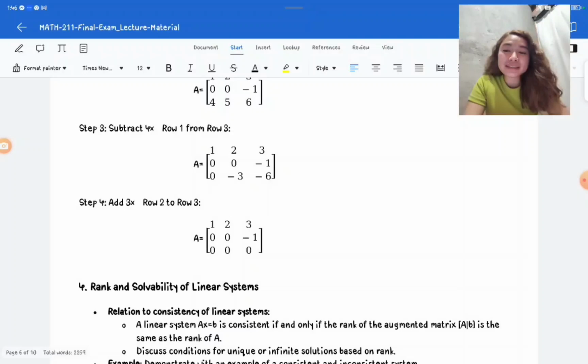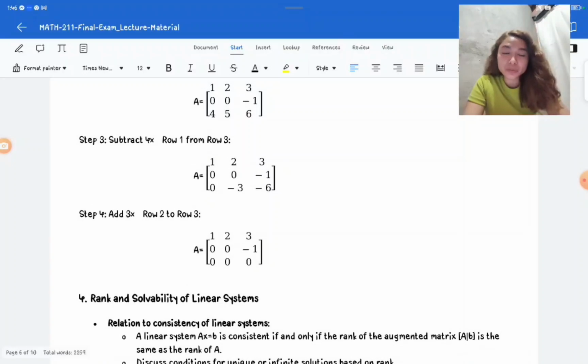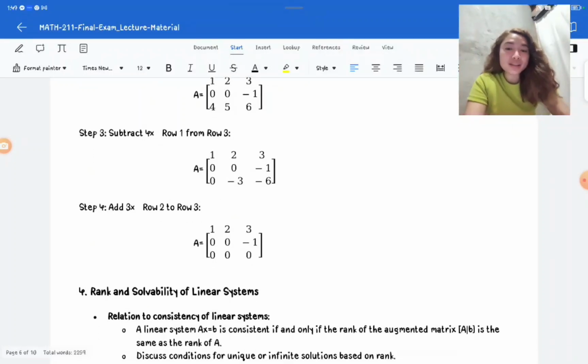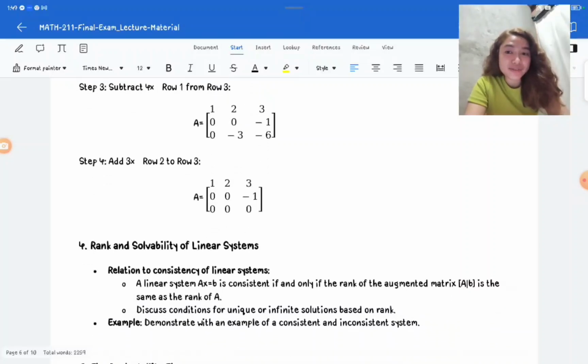So 4 times 1, that is 4, minus 4, which gives us 0. 4 times 2, that is 8, minus 5, so that is negative 3. And 4 times 3, that is 12, minus 6, so the answer would be negative 6. So we have in our row 3 now 0, negative 3, and negative 6.